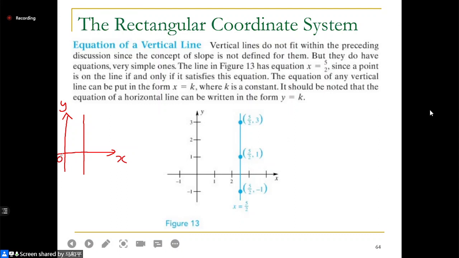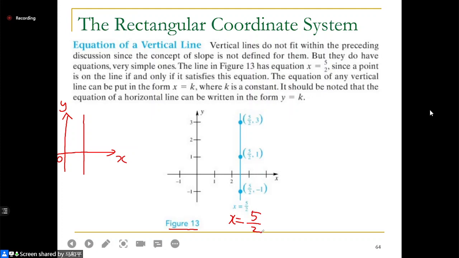The slope is not defined, but they do have equations, very simple ones. The line in figure 3 has the equation x is 5 over 2.